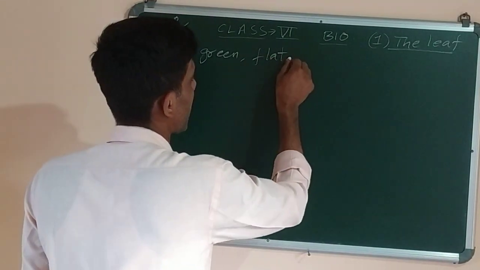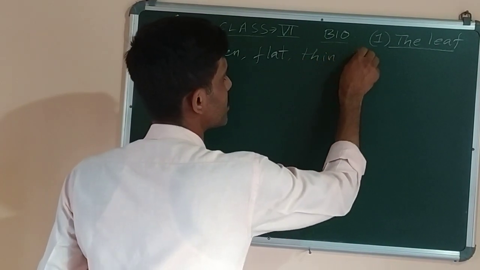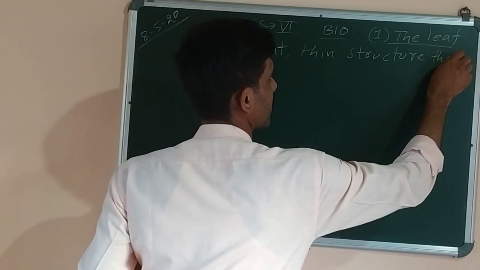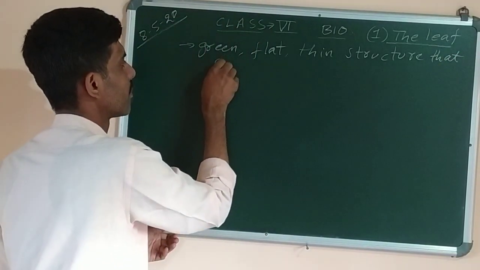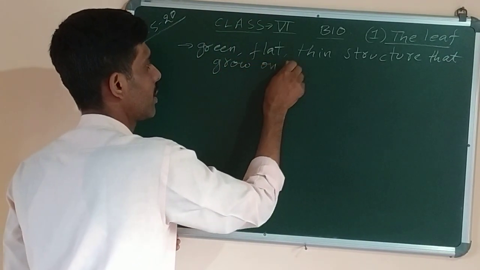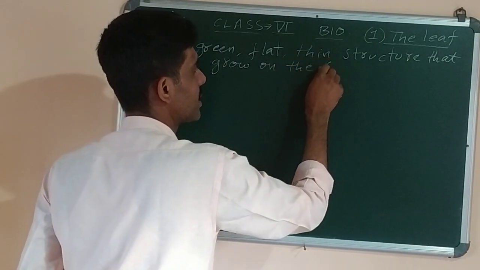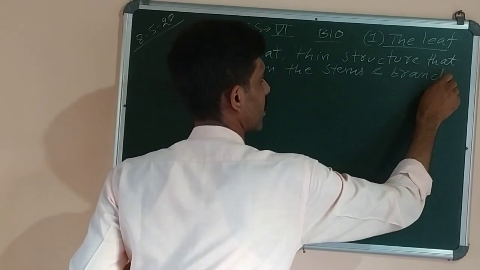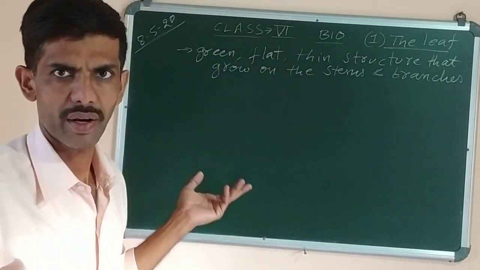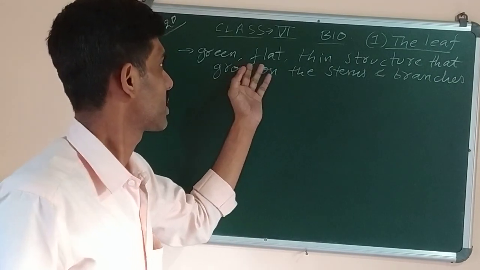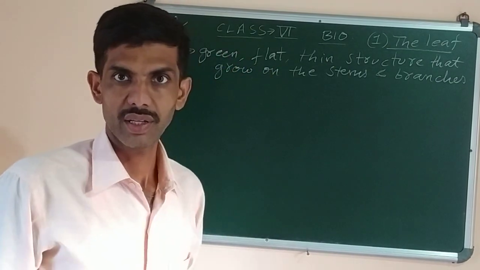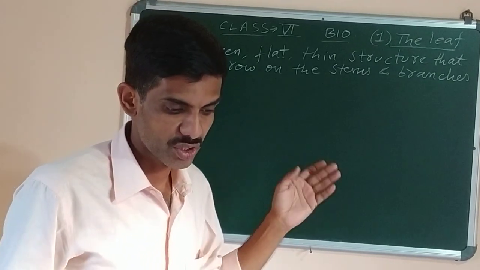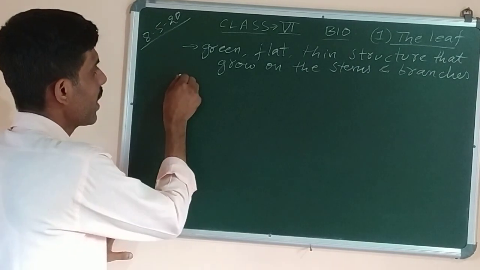It is a green, flat, thin structure that grow on the stems and branches. So what is leaf? Leaf is a green part of the plant. That green structure, the thin structure, the flat structure which is expanded so that it can prepare food for the plant is called leaf.